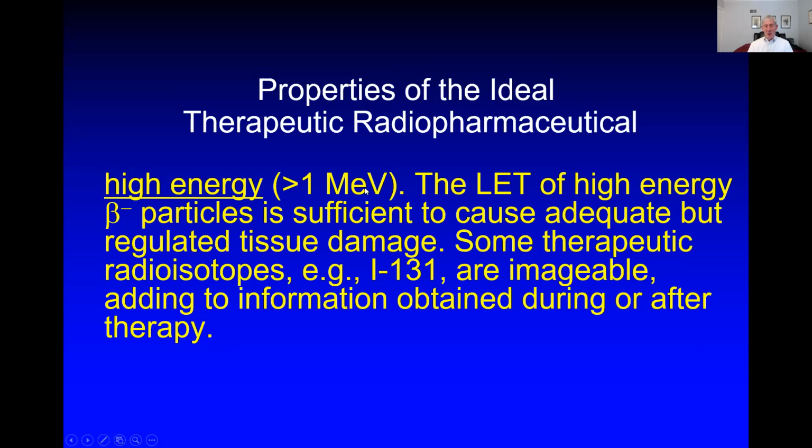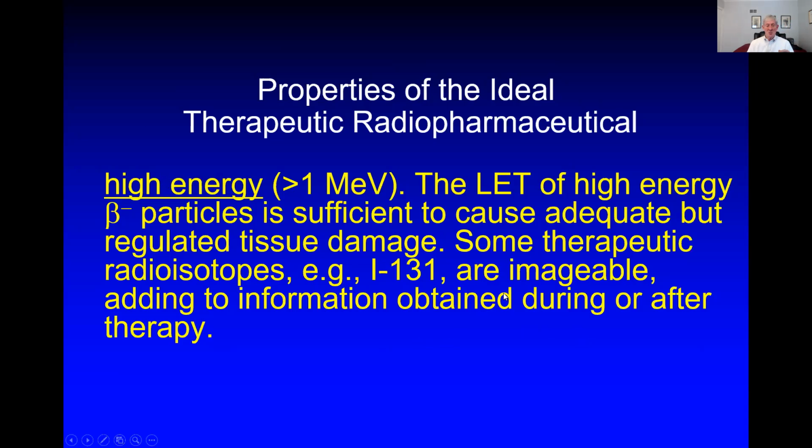We want alpha particles that are 5 million electron volts or higher. We want big numbers of energies, not 100 keV, but 1 million electron volts or more. And so some of the therapeutic isotopes happen to be imageable by coincidence, like I-131, like samarium-153, but most of the time we don't use that property.